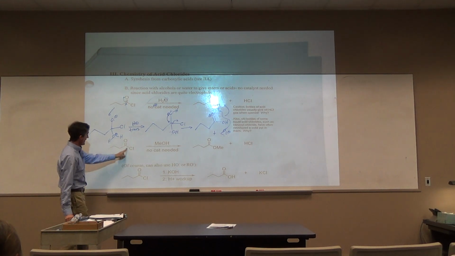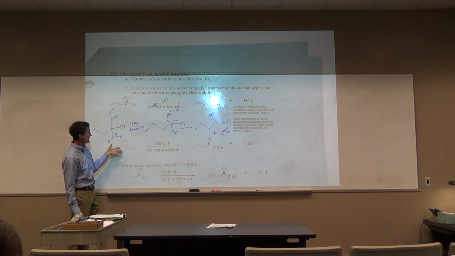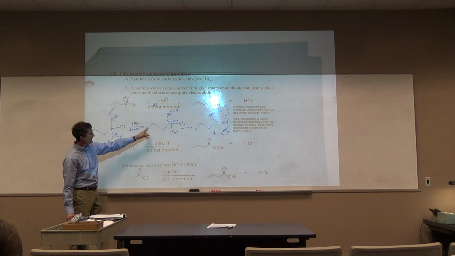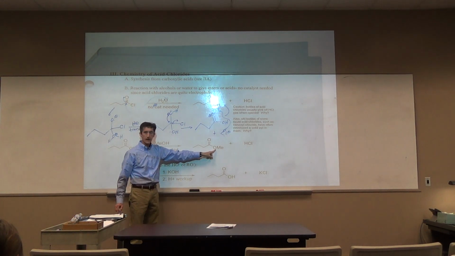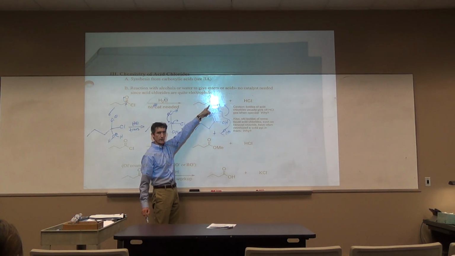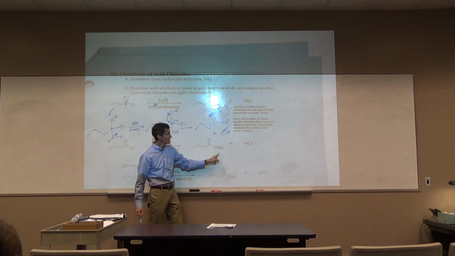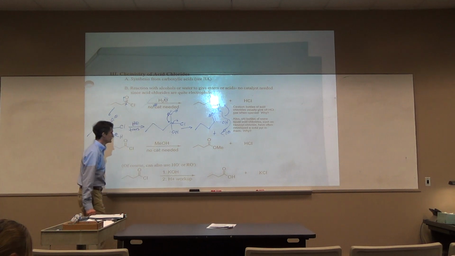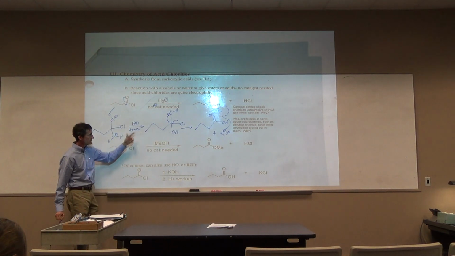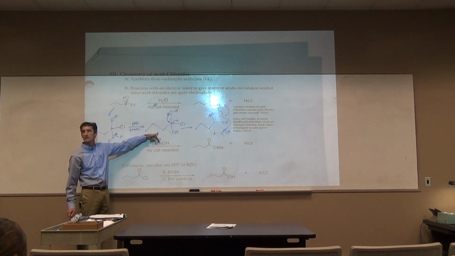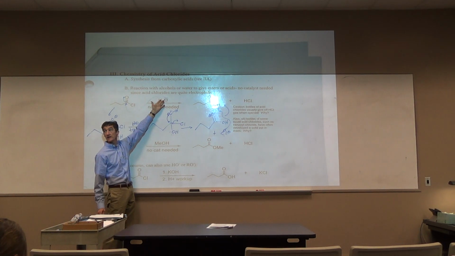Okay, we can react this with methanol. Same thing, except the oxygen is going to have a methyl on it. And so instead of giving a carboxylic acid, we get what? Ester plus HCl. Now this is actually a reaction because you're not typically going to have methanol in the air. This can happen by accident from humid air.